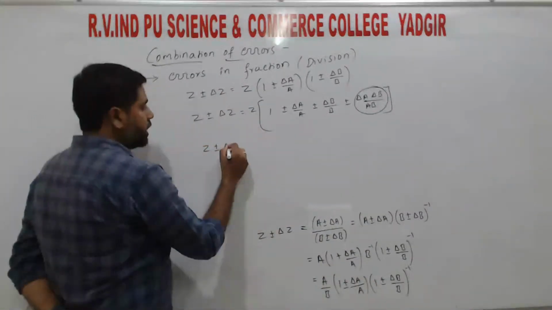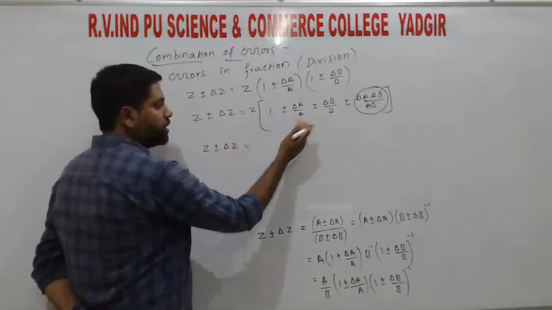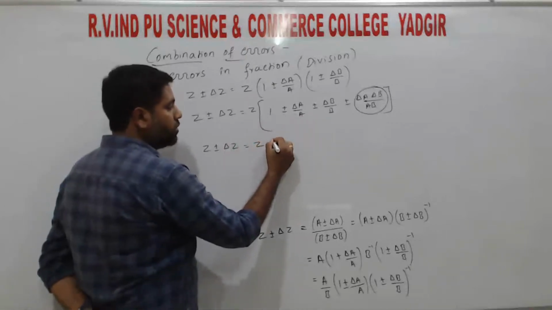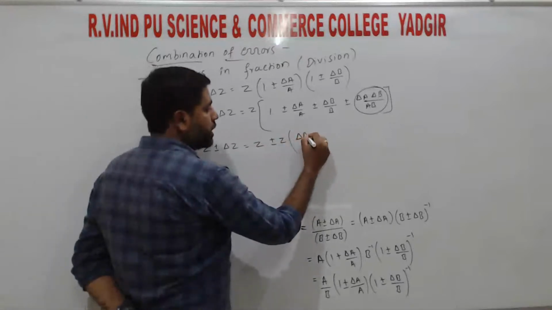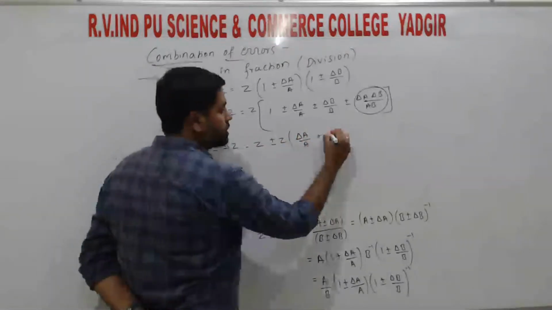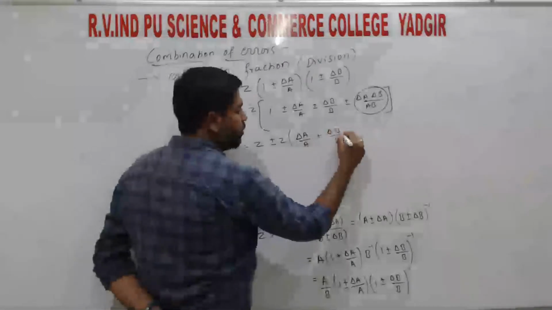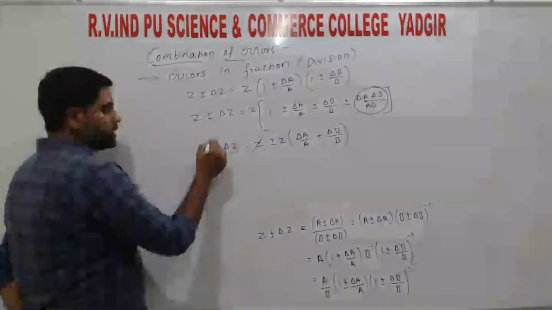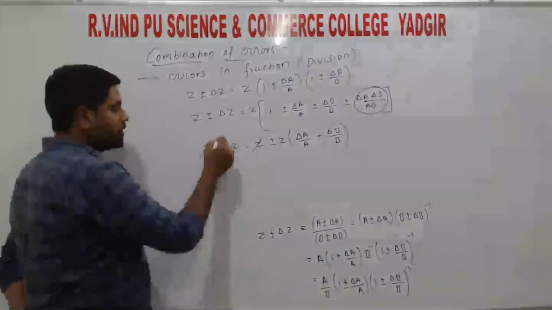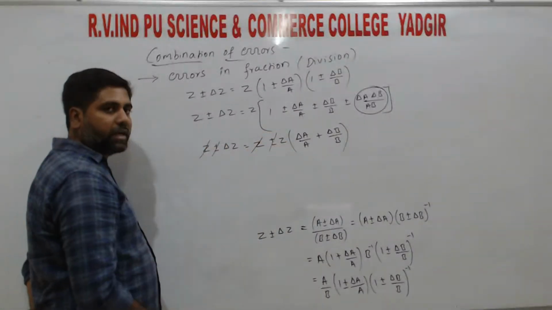So z plus or minus delta z. Multiplying z within the bracket, taking z common, z into delta A by A plus delta B by B, right? So z in the RHS and z in the LHS get cancelled, plus or minus get cancelled.